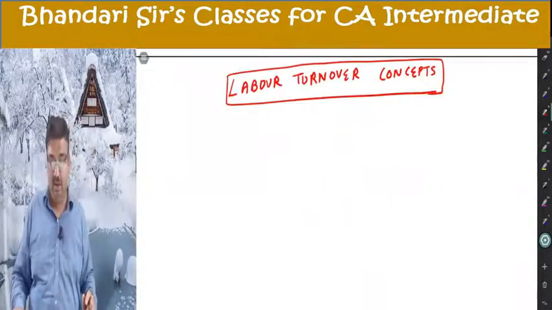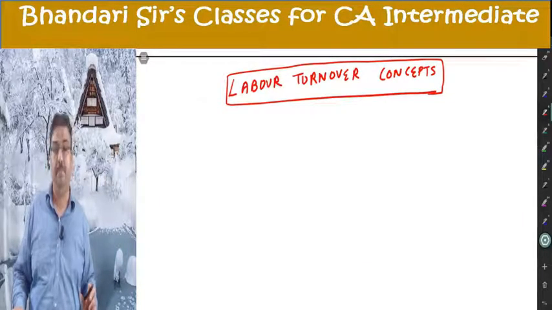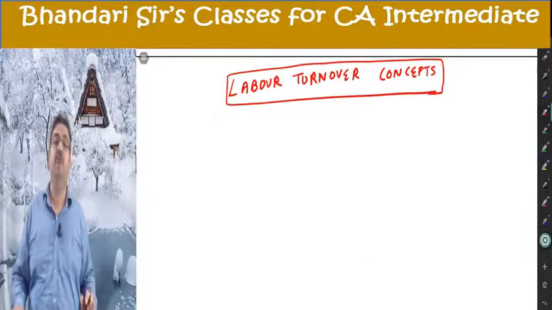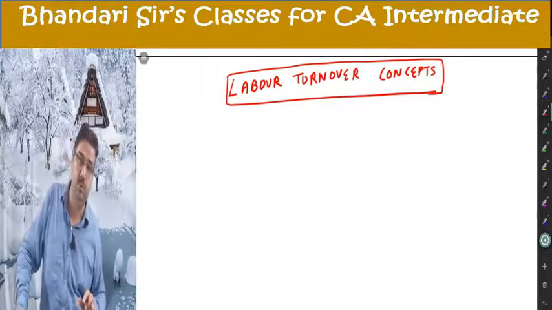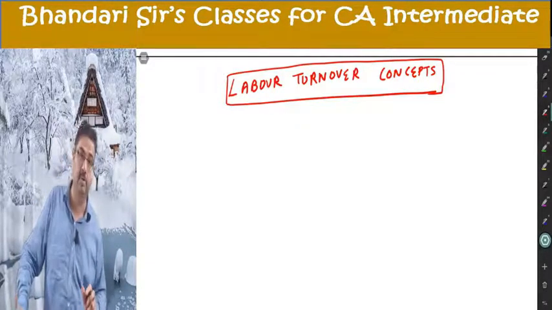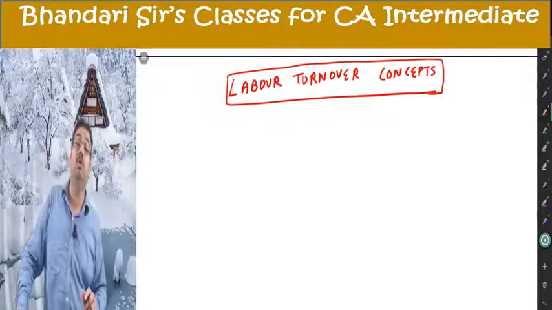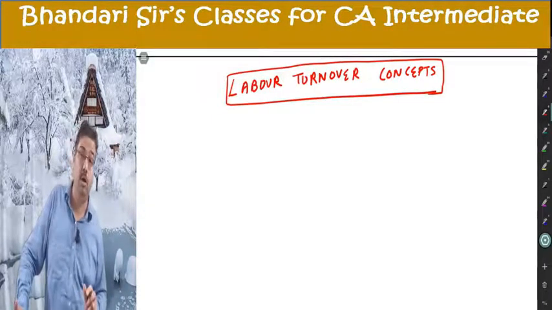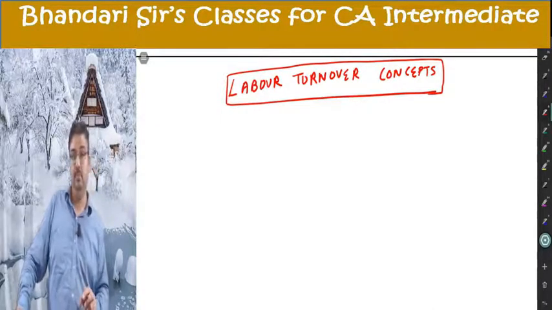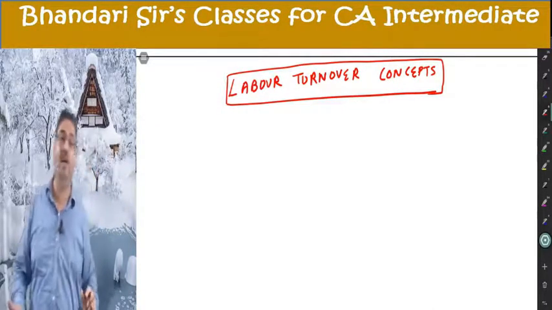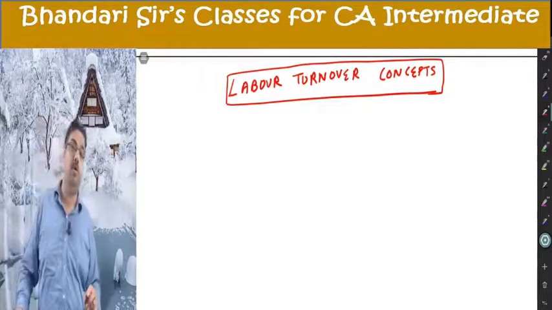Next concept I reach is labor turnover concept. You must have gone through turnover ratios in accounting earlier, in +2 also, foundation also, otherwise also. Most turnover ratios like debtor turnover ratio, inventory turnover ratio, higher it is, better it is. But here we are studying a different turnover, labor turnover.